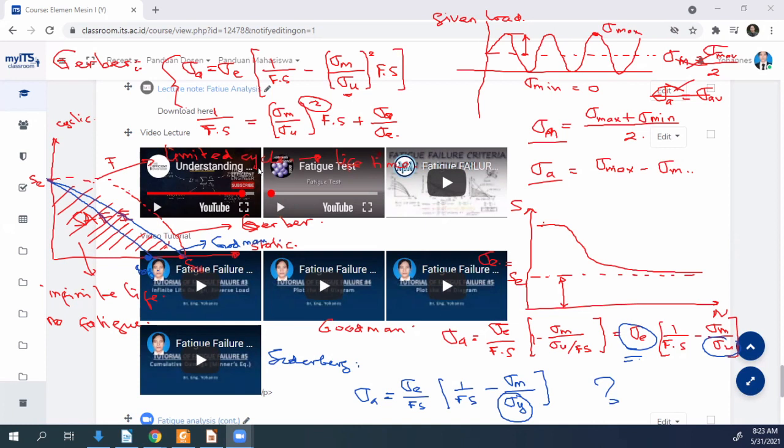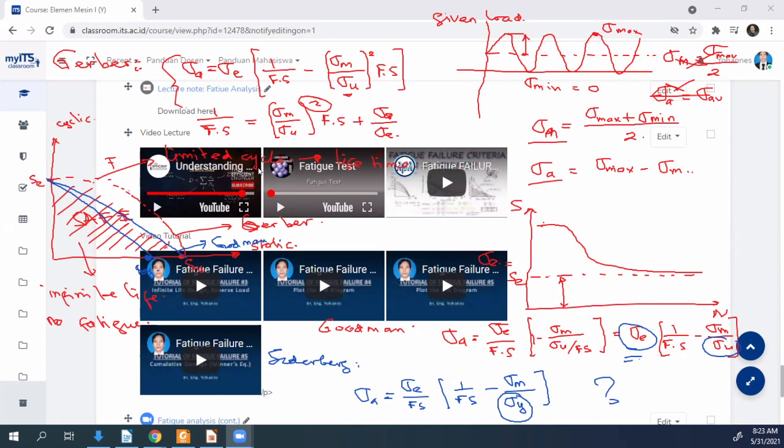I mean, if the material is ductile, will it break or only deform? It will break actually. It never has necking, different from static failure.